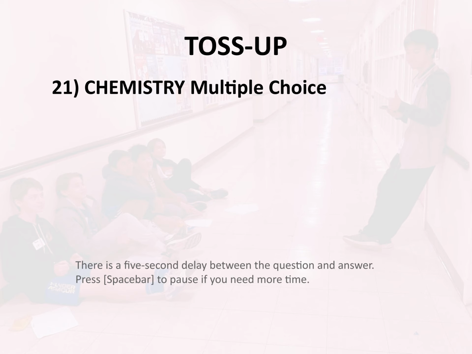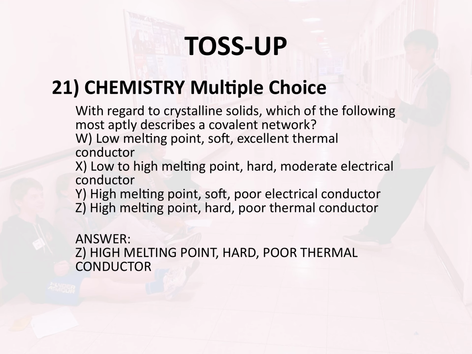Y. High melting point, soft, poor electrical conductor. Z. High melting point, hard, poor thermal conductor. Answer: Z. High melting point, hard, poor thermal conductor.